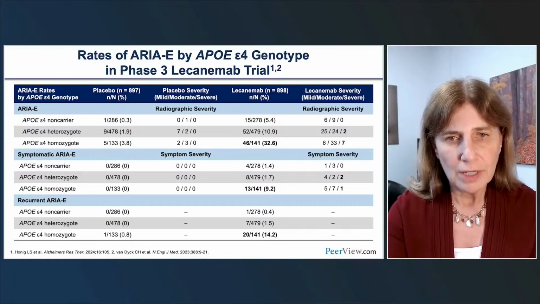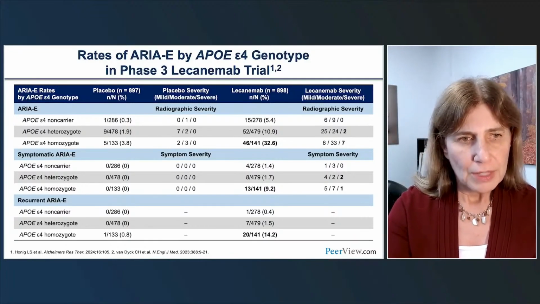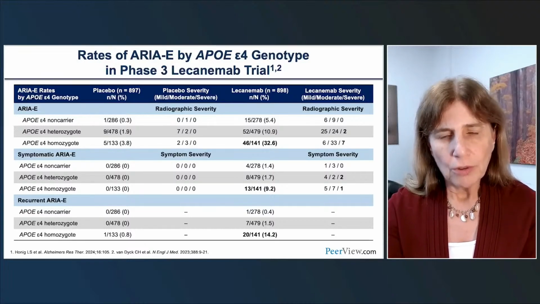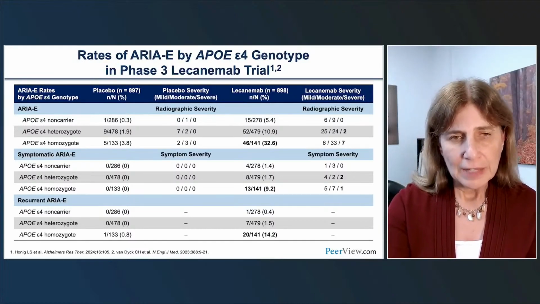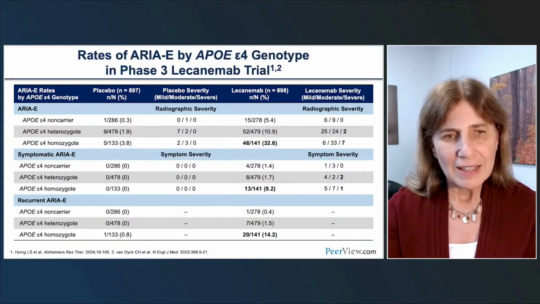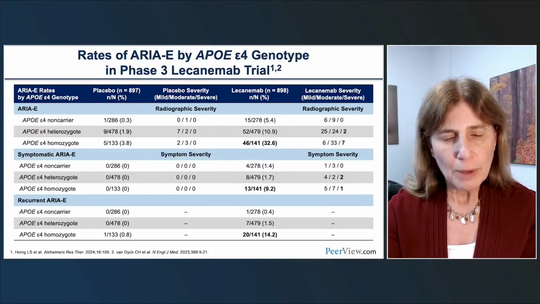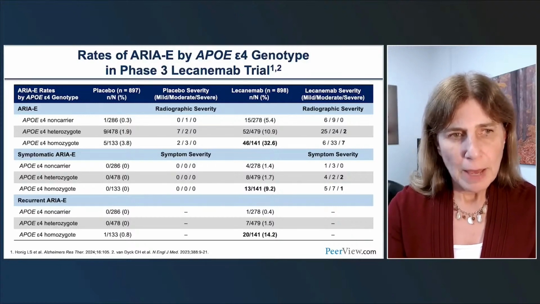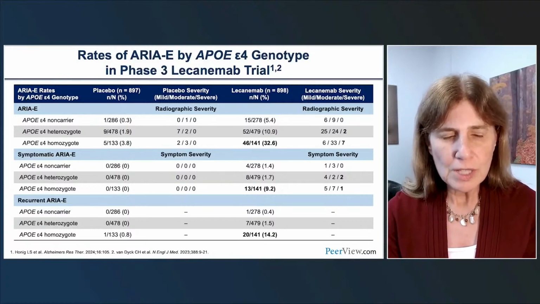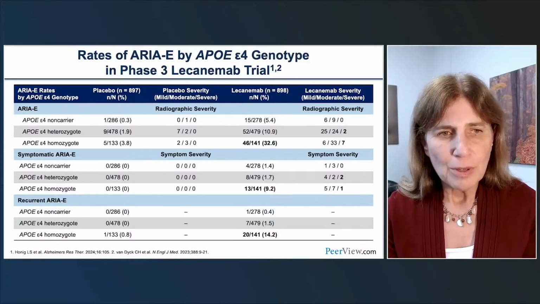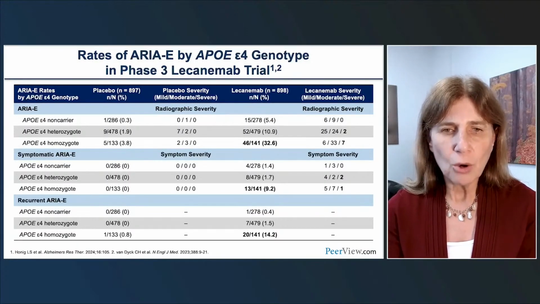what you see here on this slide are rates of ARIA-E. Overall, the rate of ARIA-E in the phase 3 lecanemab trial was about 12.5%, and the symptomatic rate was about 2.8%. So the majority were asymptomatic. But on this table, you see the breakdown by ApoE4 genotype: non-carrier, heterozygote, homozygote.